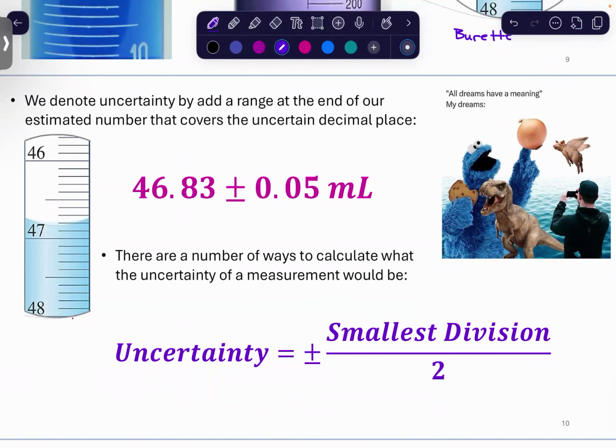Now you've seen numbers like this where we show our uncertainty by adding a range at the end of the number. So here's our burette again, and you see we have the estimate of 46.83 plus or minus 0.05 milliliters. So that means it's 0.05 on either side of the 0.83.